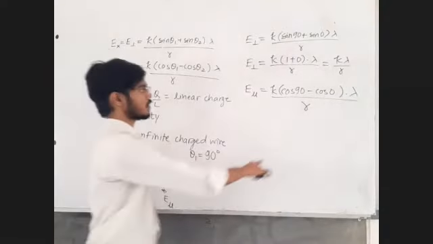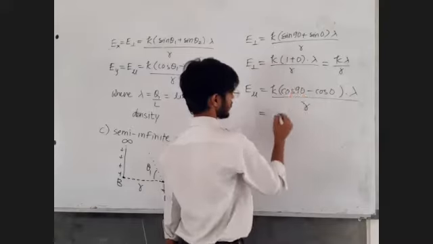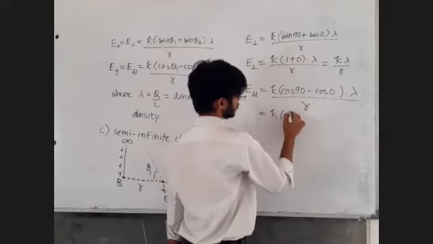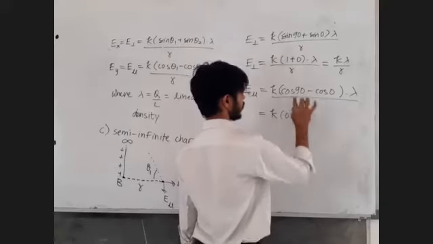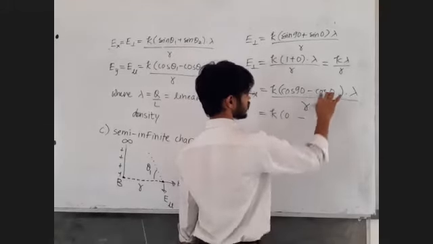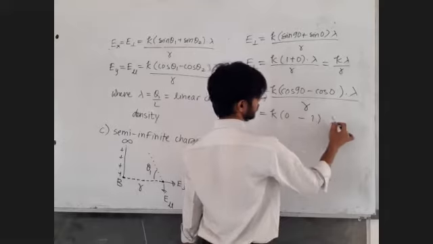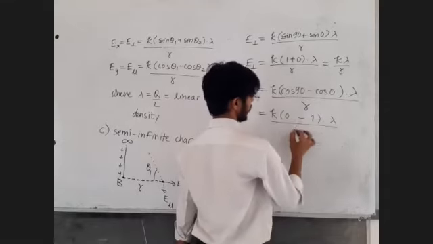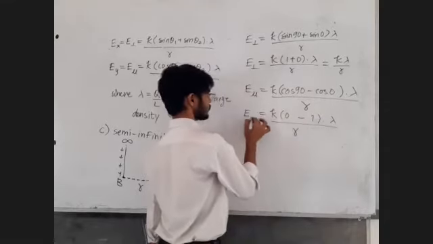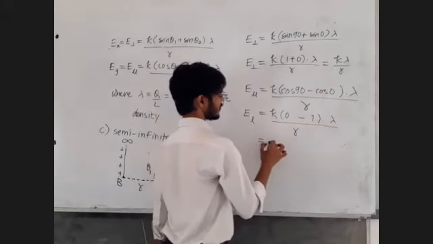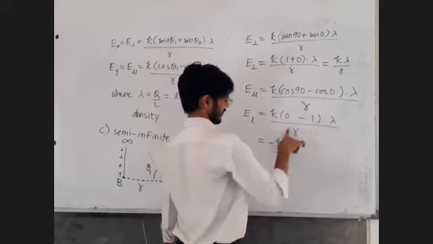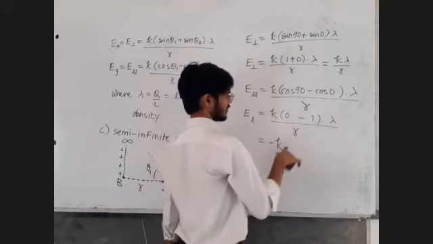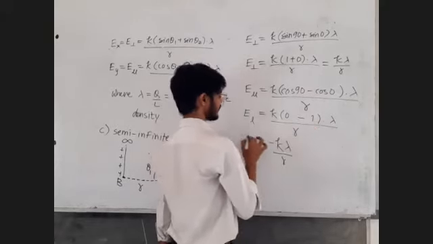What is cos 90? 0. So cos 0 minus cos 90 is 1 minus 0, which is 1, into lambda upon R. Forget about the minus sign, you want just the numerical value. Let us write it initially: this is minus 1 here, K here, lambda upon R.